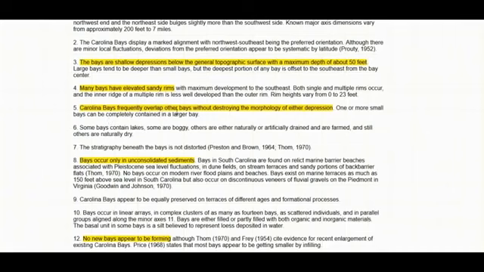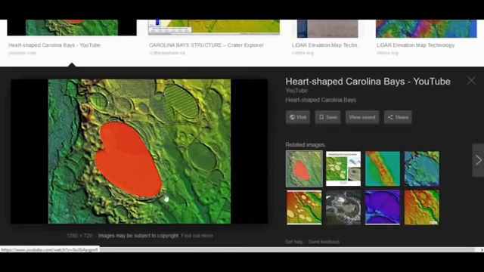Carolina Bays frequently overlap other bays without destroying the morphology of either depression. And sometimes when these bays overlap, they'll form this heart-shaped pattern, which somebody just highlighted in red here. This is in one of the Carolinas.